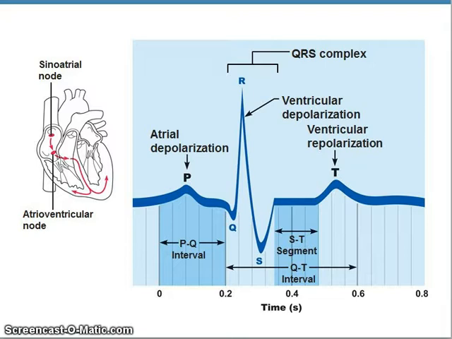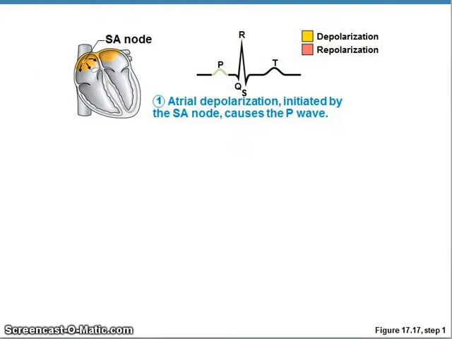So now we can put together the spread of depolarization through the intrinsic conduction system with the ECG and get what is essentially one of your big essay questions. It is going to start at the SA node, which is the pacemaker of the heart. This spontaneously depolarizes. That depolarization is going to spread from cell to cell across the atria. This causes the P wave.